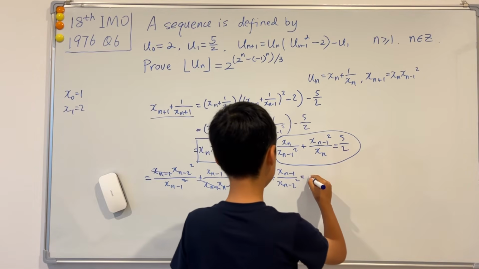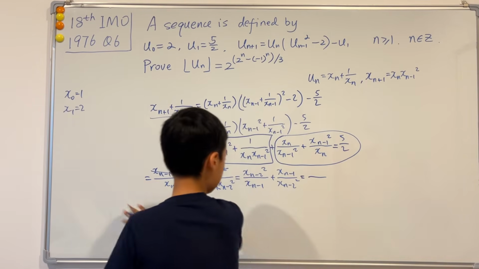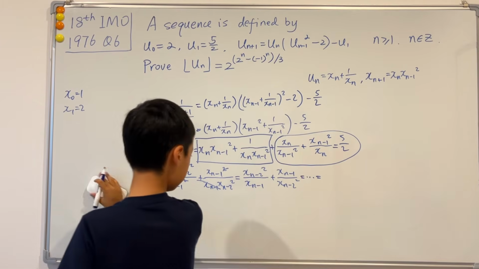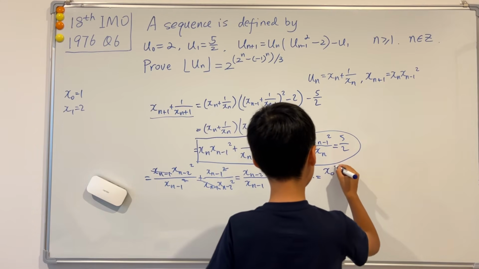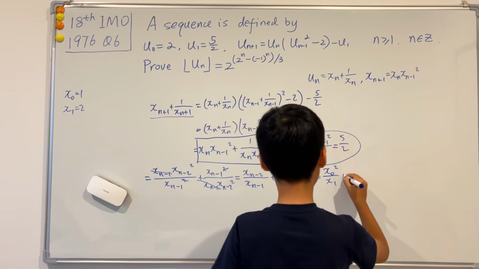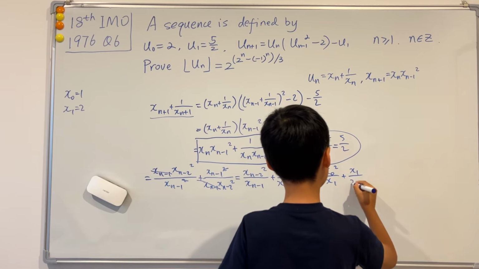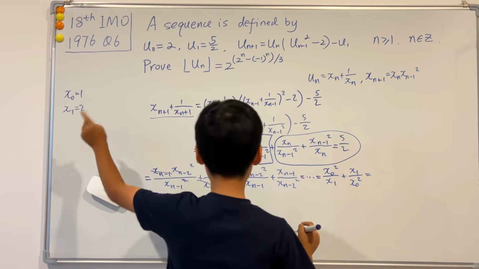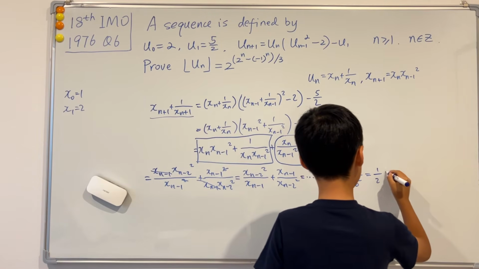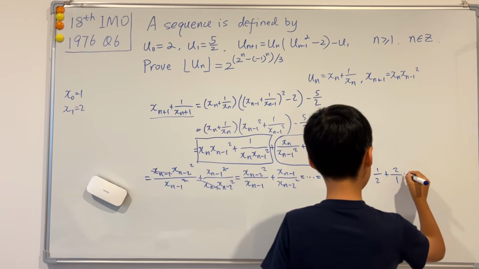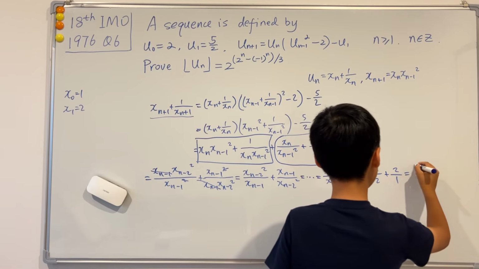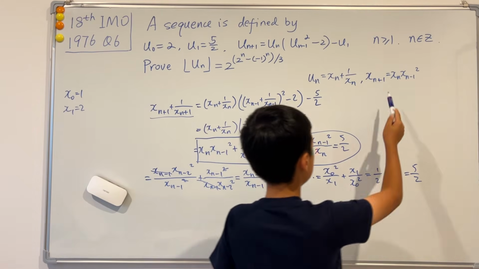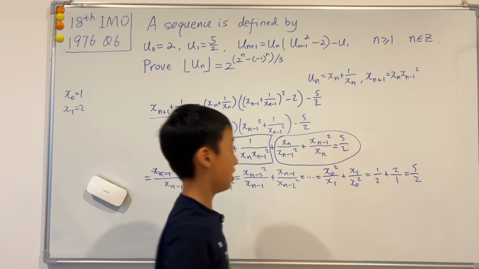So this is equal to, eventually, so that's actually bad notation, dot dot dot equals x0 squared over x1 plus x1 over x0 squared, which, with x0 being 1 and x1 being 2, is 1 squared over 2 plus 2 over 1, which is 2 plus 1 over 2, which is 5 over 2. So now we have verified that my guess is correct.